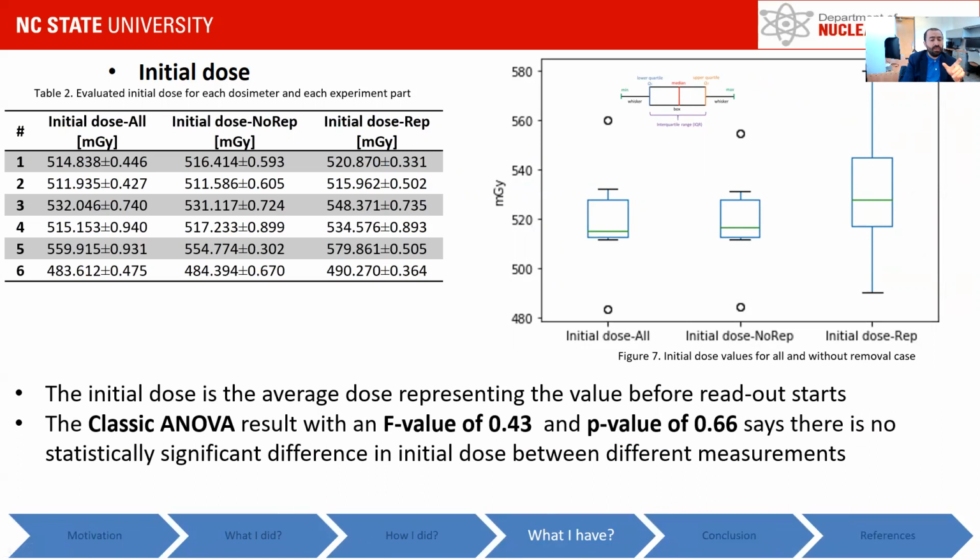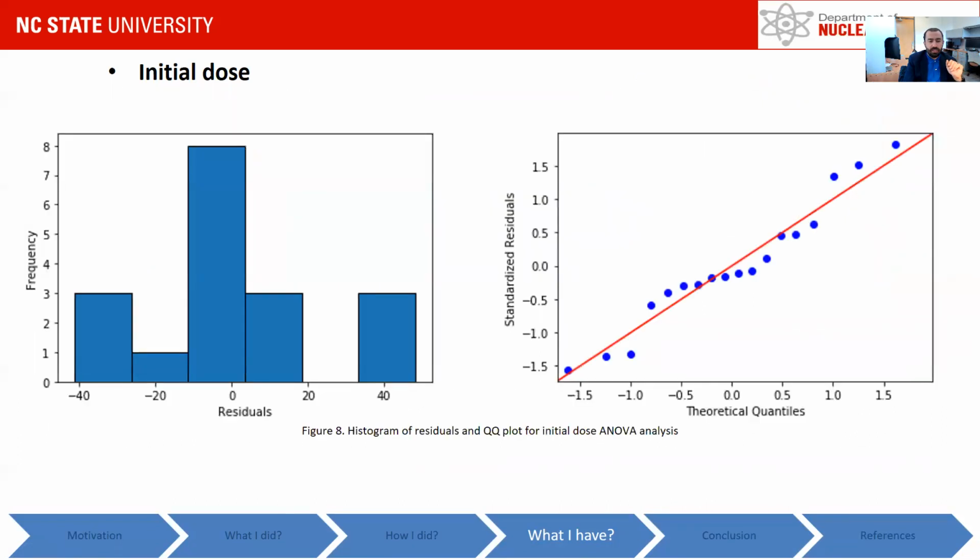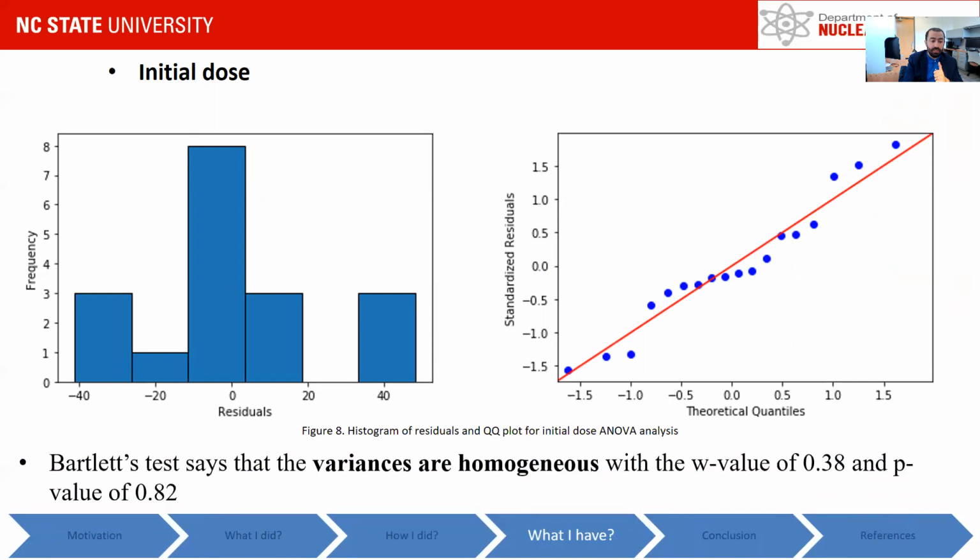Classical ANOVA suggests that there is no statistically significant difference in the initial dose, and the initial dose is the average dose representing the value before any readout. Again, diagnostics say that the residuals are approximately normal, which is the normality assumption, and the Bartlett test suggests that variances are homogeneous in this case.